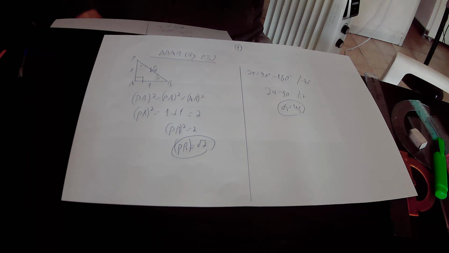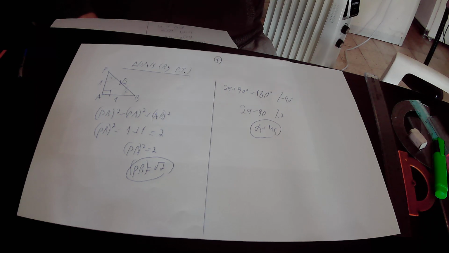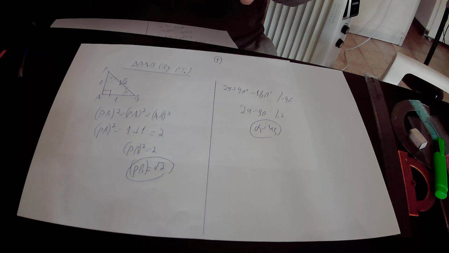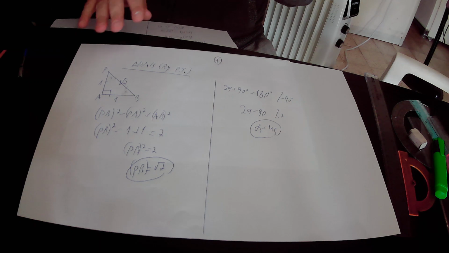So alpha plus alpha, that is 2 alpha, plus 90 degrees, in total must equal 180 degrees. We subtracted 90 degrees from this equation, and found that 2 alpha equals 180 degrees minus 90 degrees, that is 90 degrees. Dividing by 2, we found that alpha equals 90 degrees over 2, that is 45 degrees. So those two angles are both equal to 45 degrees.